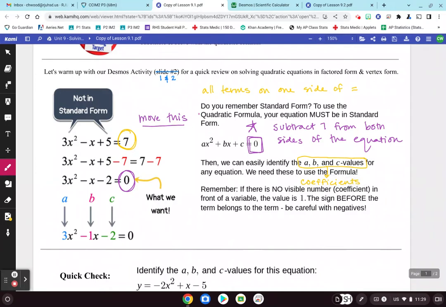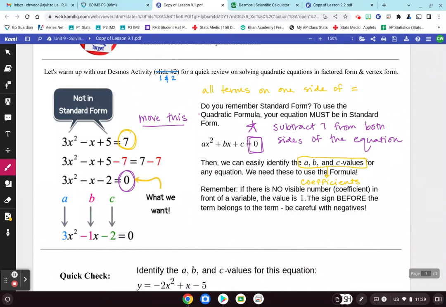And remember your last term, the constant: there is no x, so it's x to the 0. So the number you see, the constant number, is your coefficient. You have a reminder there in your notes. Remember, if there's no visible number, it is a 1. So that's why the b value in the middle of your example is a -1.